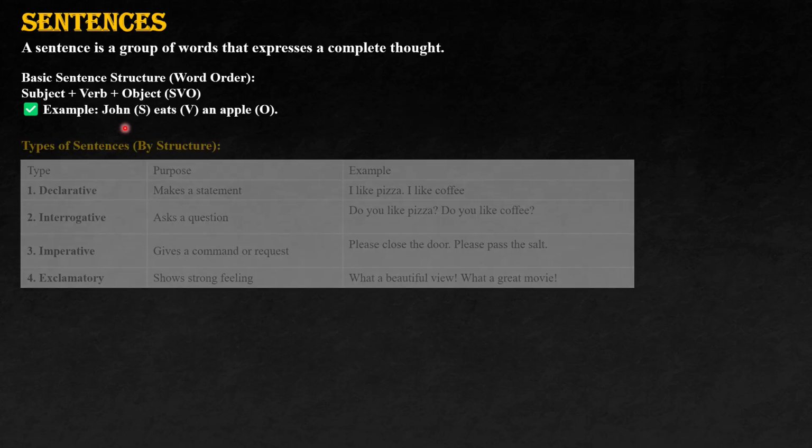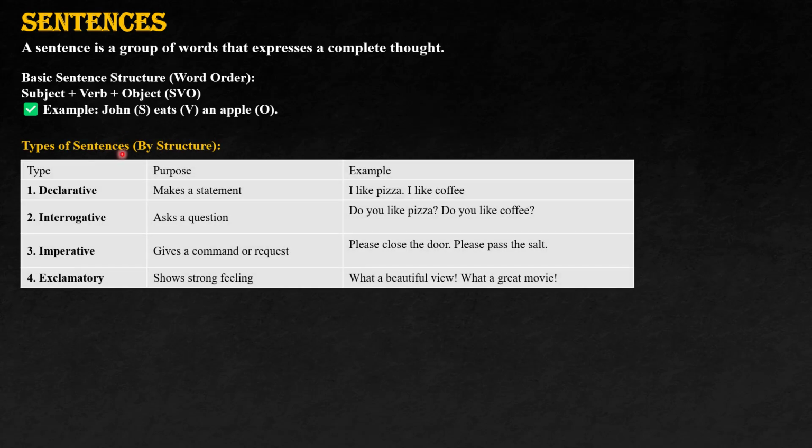Now we'll see the types of sentences. By structure, there are four different types. One is the declarative sentence. What exactly does it do? It makes a statement. Here you could see, I like pizza, I like coffee. It is just defining a statement.